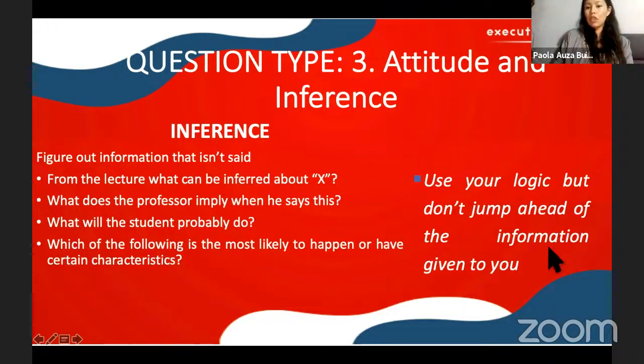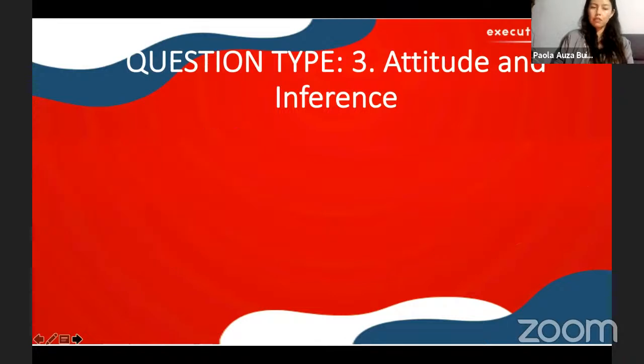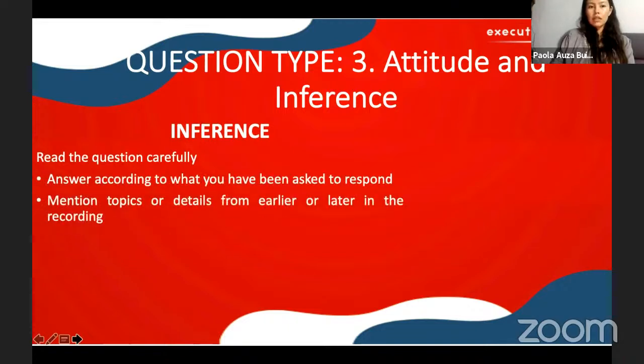And we have to use logic to answer this type of question. So that's important. Follow your instinct, and try to think about the whole thing instead of certain details, okay? Inference.